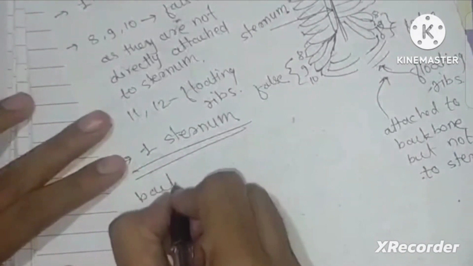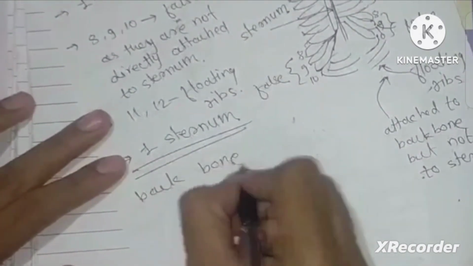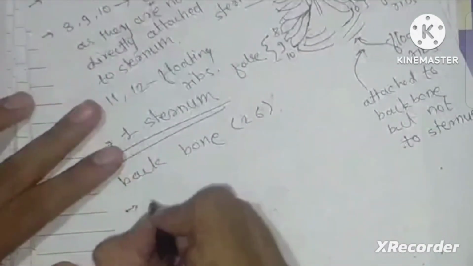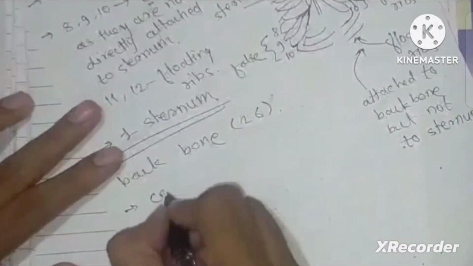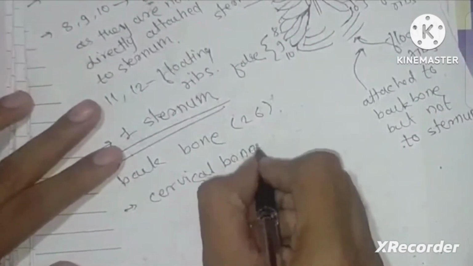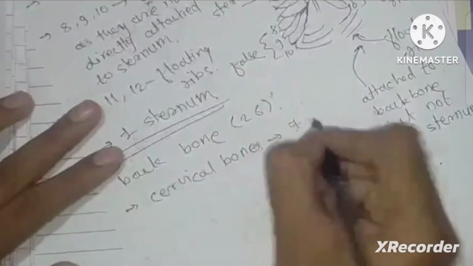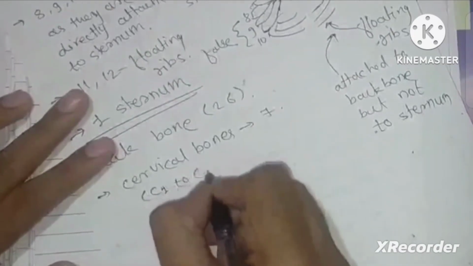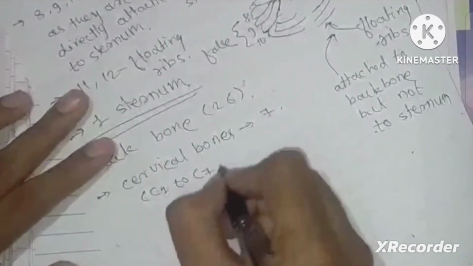Now we will discuss about backbone or our vertebral column. Cervical vertebrae, in which total 7 bones are present. C1 to C7.